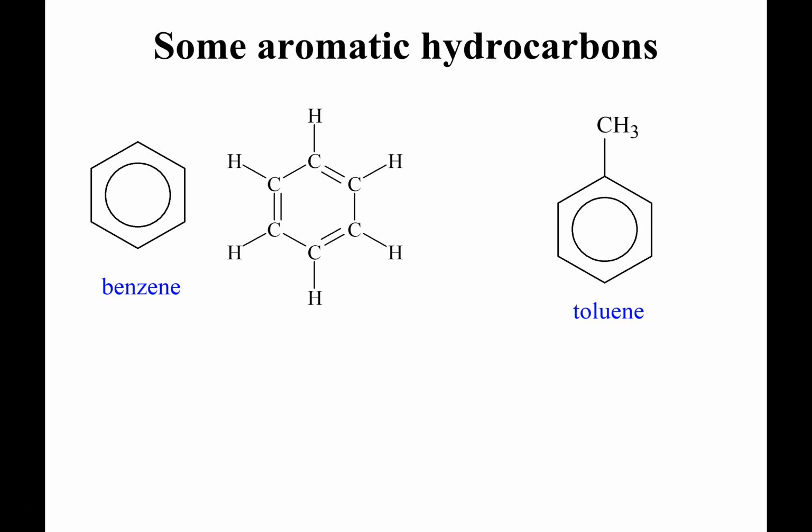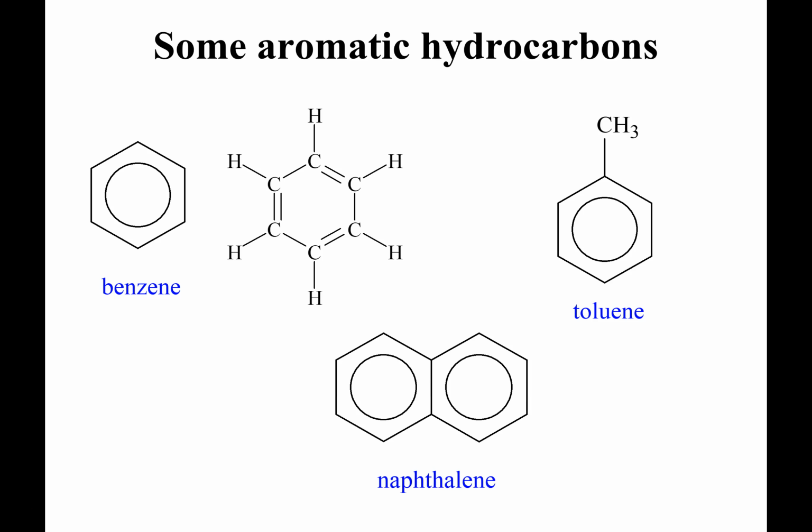Meet toluene. Toluene is C6H5, where one of those hydrogens has been kicked off, and we have a methyl group there. Fancy name for benzene with a methyl group on it. Naphthalene, 2 cute little cozy benzene rings.